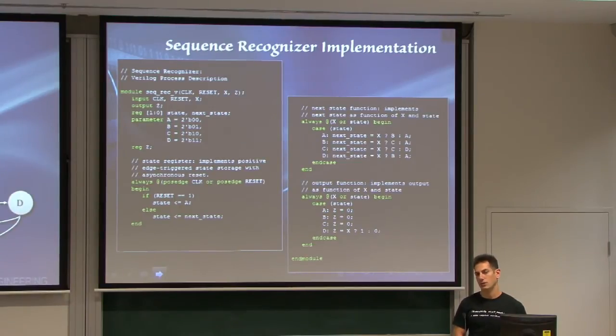Verilog will then take this description and synthesize a circuit that will do it for you. In a way, you don't care how it's being implemented. You care that it does what you want it to do. There's a few parts to notice here. I will start with the parameter declaration.